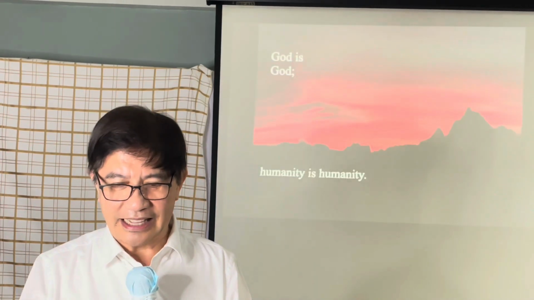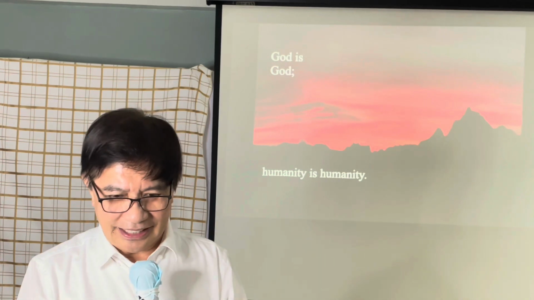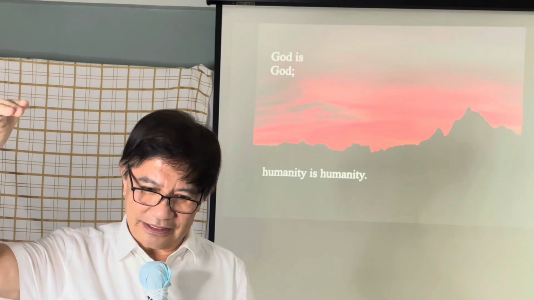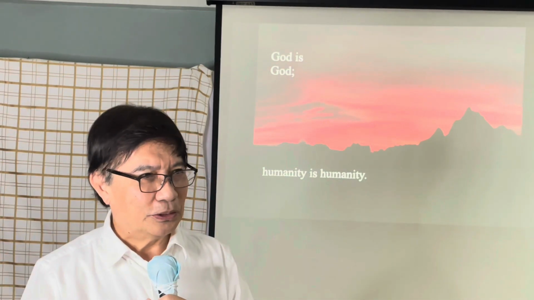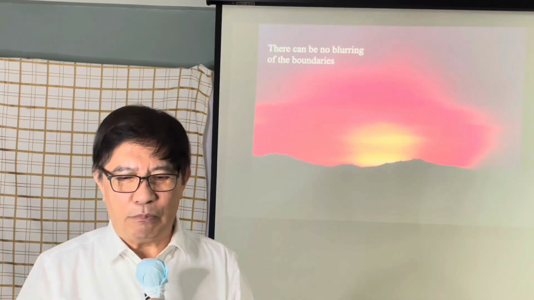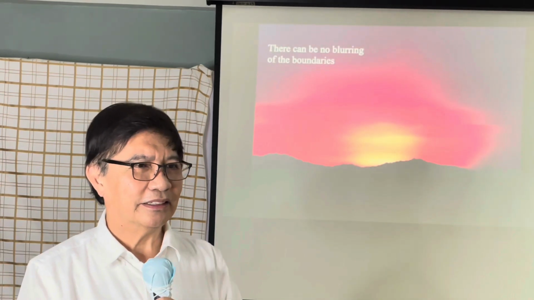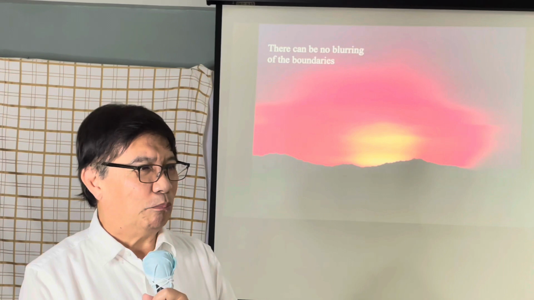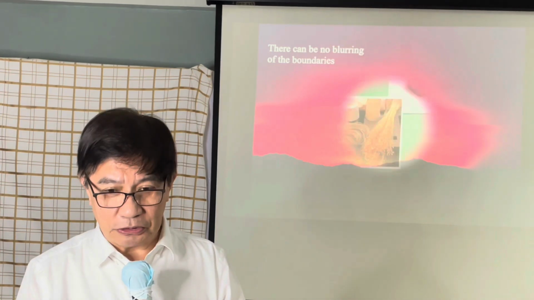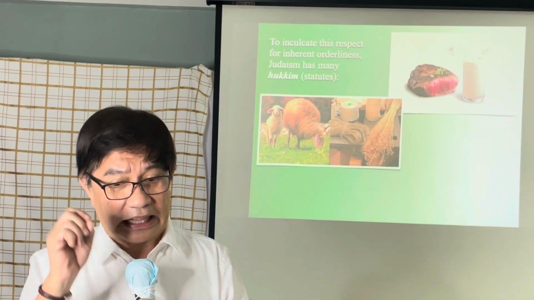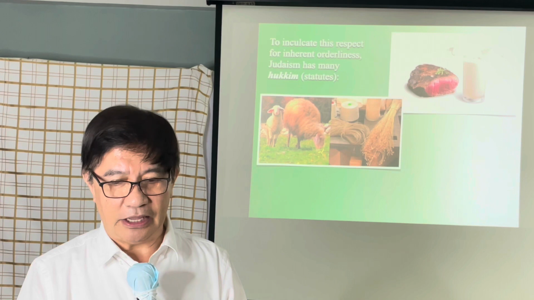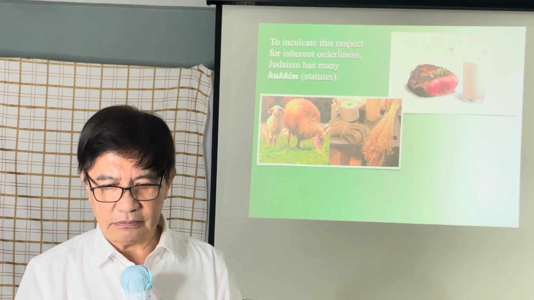God is God. Humanity is humanity. God belongs to heavens. Humanity belongs to earth. There can be no blurring of the boundaries. There should be no blurring of boundaries. And that's why, for the Jews, to inculcate this respect for inherent boundaries, Judaism has many hukim, statutes.